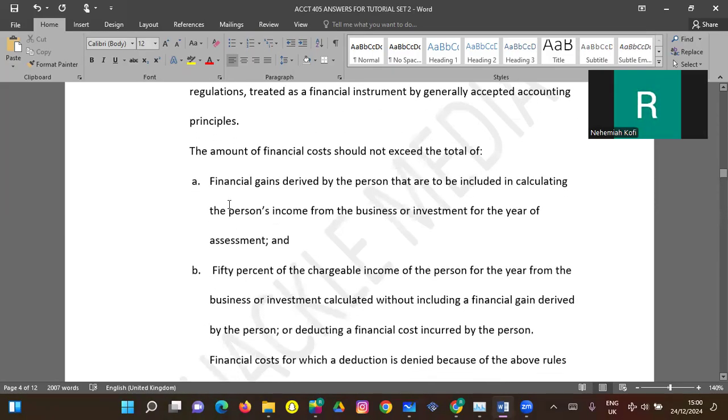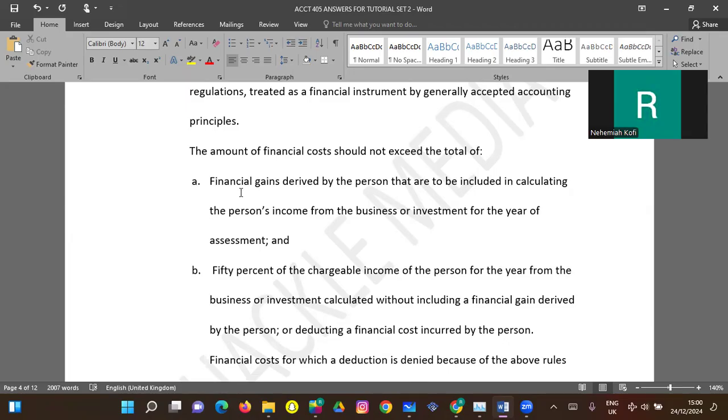So the amount of financial cost should not exceed, keep this in mind, we will use it to do some calculations down there, the financial gain that you get plus 50% of the adjusted chargeable income. Remember, whenever we compute our profits for a year, we include our financial gains and subtract our financial cost.